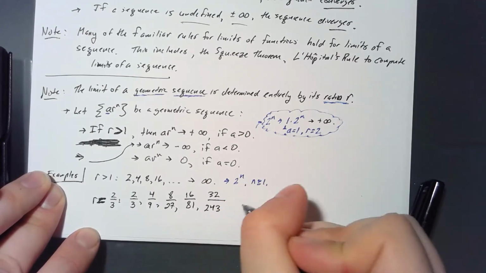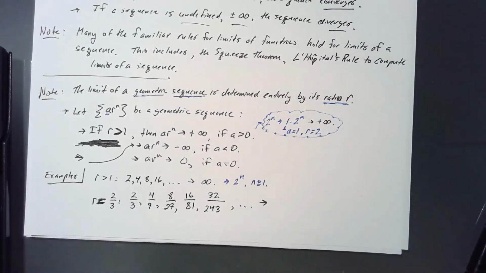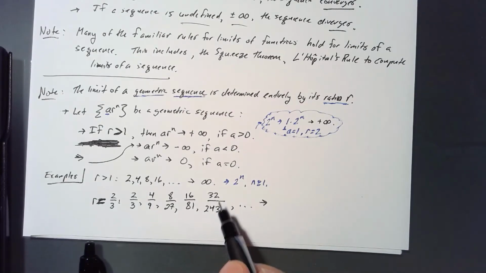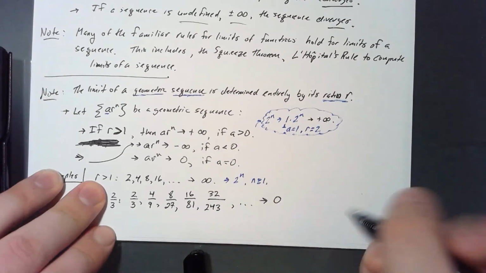It seems like I'm doing something completely random here, but what's this trending towards? The top is getting bigger, but the bottom's getting bigger at a bigger rate. So this fraction is getting smaller. So this one's trending towards 0.